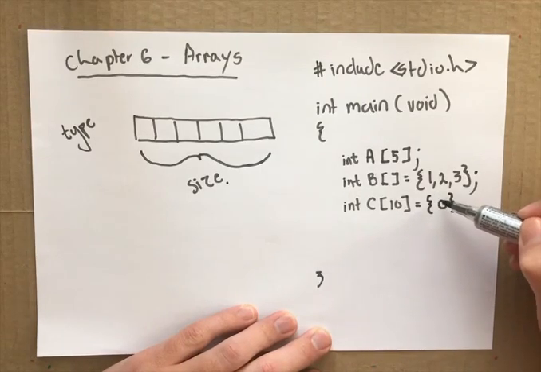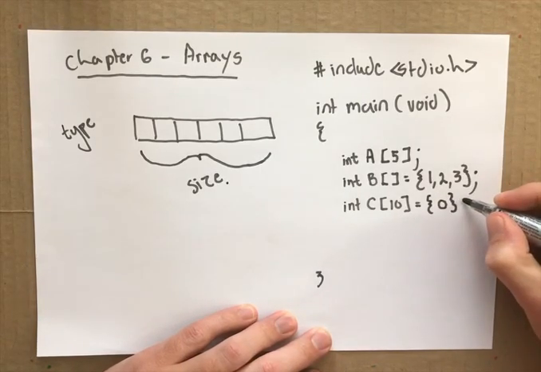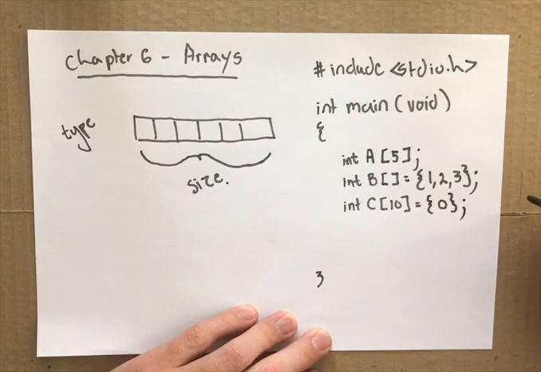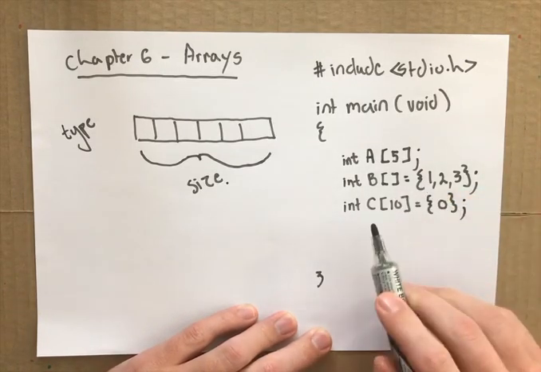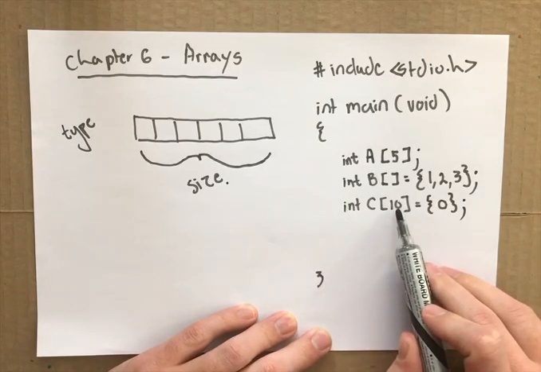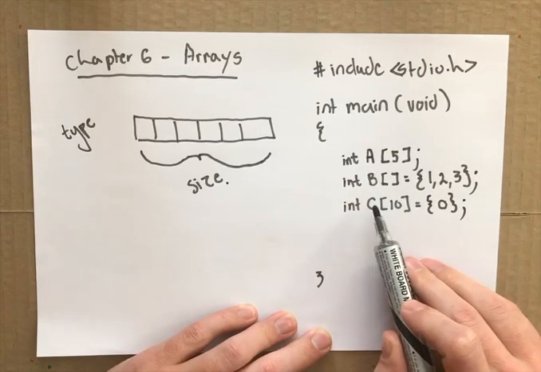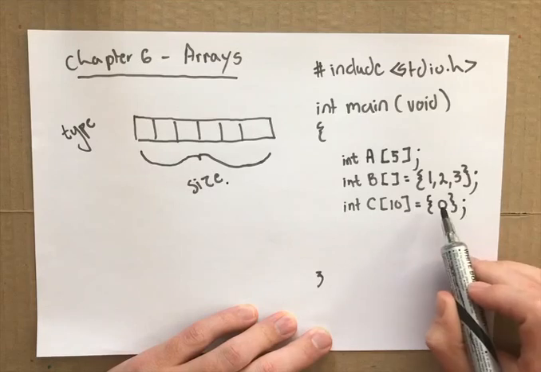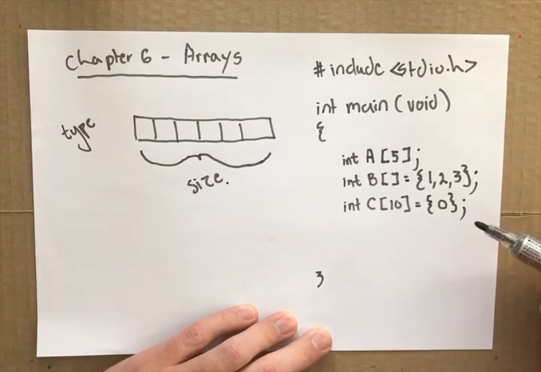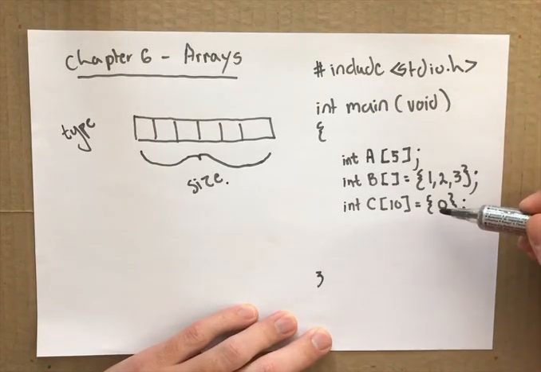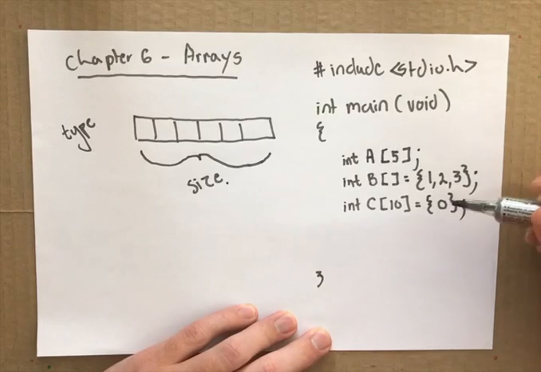In the curly brackets we give a 0, and we end the line with a semicolon. So what will happen is this array will have a size of 10, a type int, a name C, and all the values in this array will be set to 0. So this is our 3 basic ways of defining an array.